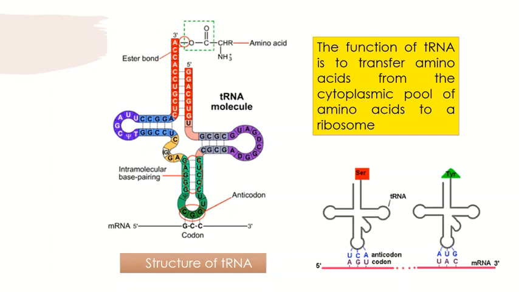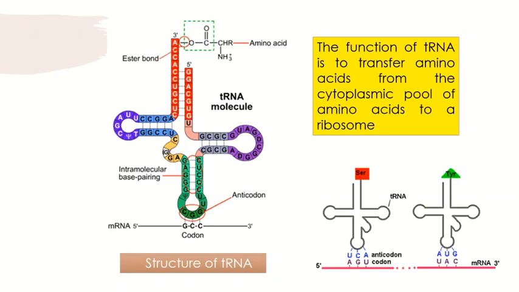Okay, so let's look at the left tRNA that is more colorful there. We have a structure of tRNA there. You have two types of RNA: one is mRNA and the other one is tRNA. For the mRNA code, let us read it from 5' to 3'.